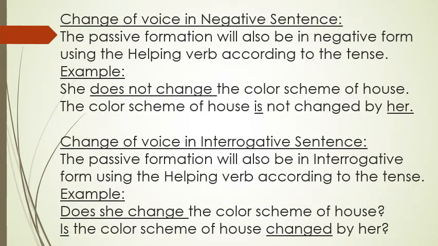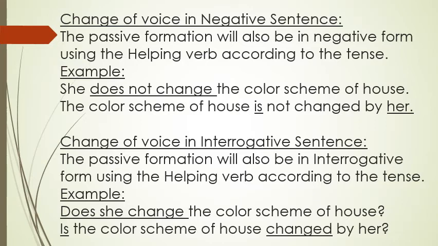Now there is further detail regarding the formation of the passive voice. For instance, how the negative sentences would be changed into passive voice. The passive formation of the negative sentences will also be in negative, using the helping verb according to the tense. For instance, the example is given, she does not change the color scheme of house.